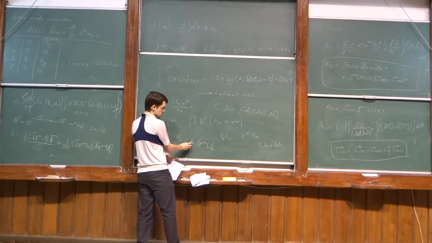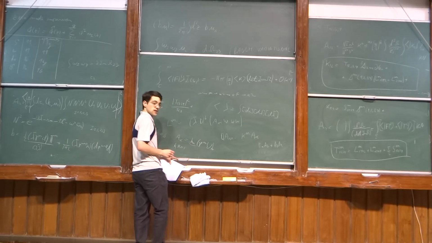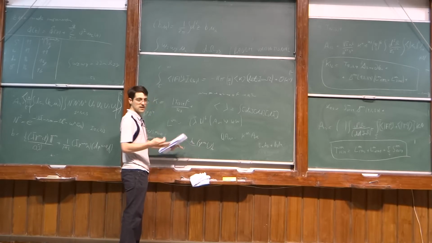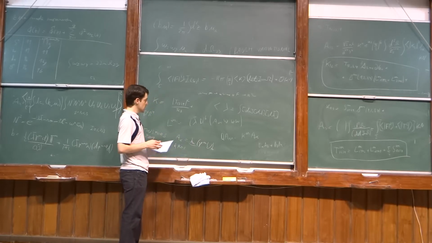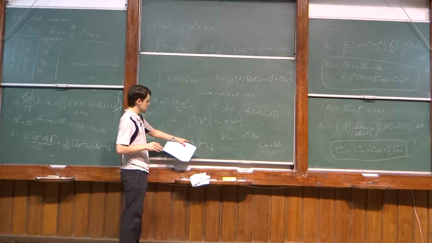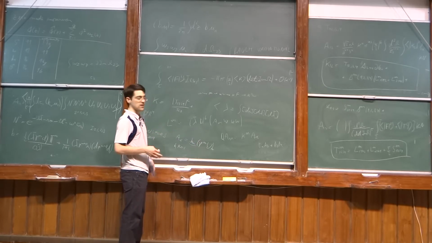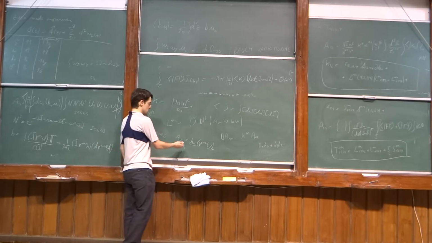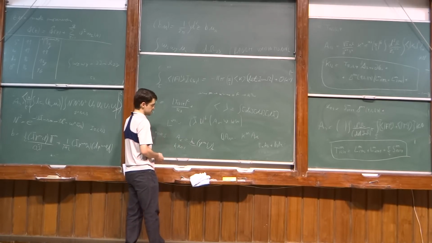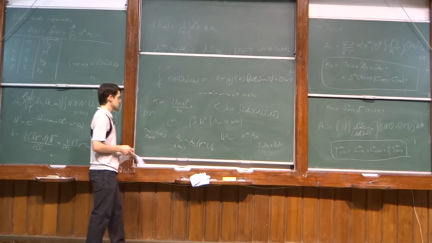But the sad thing is that you have this guy, but in the end it cancels, but you cannot see this cancellation until the very end of the calculation. That's what is a bit early about doing the computation this way, but that's how it was done.